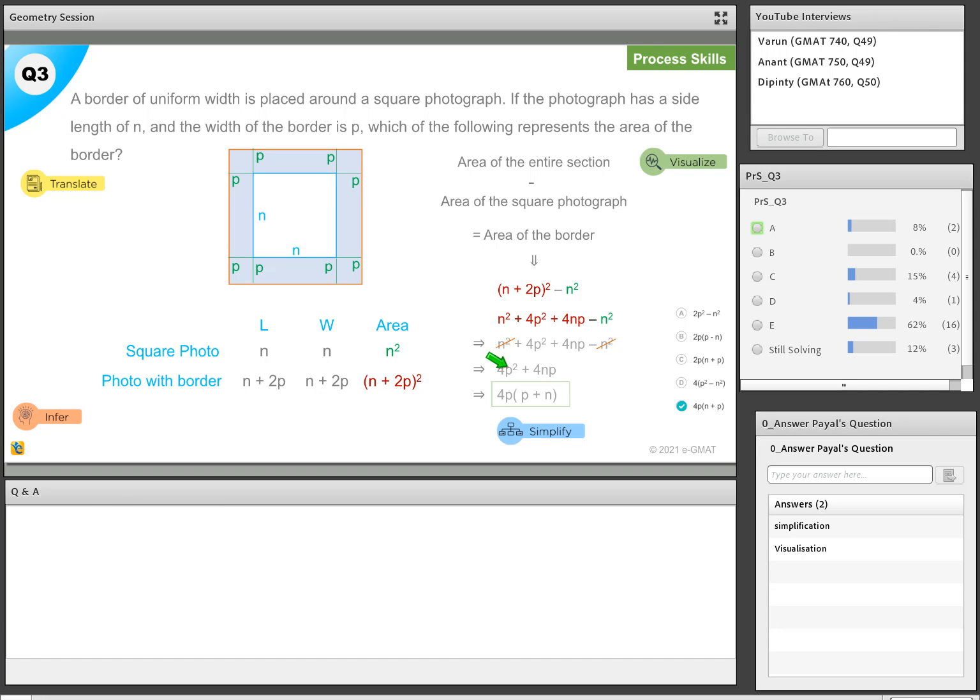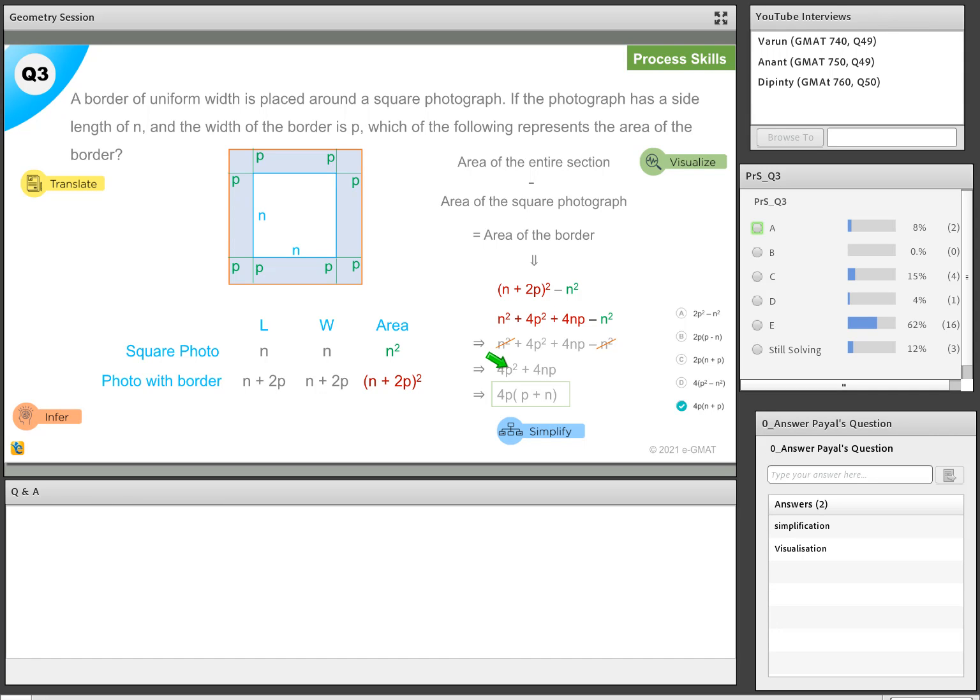Okay, if you faltered at visualization, then you need to stay in the geometry course and you need to build your visualization skills in the context of quadrilaterals here, right? So you need to go through the entire process skill learning activity so that you start to apply this level of understanding. You start to visualize. So again, there are certain process skills which you need to build in the context of the subsection itself.